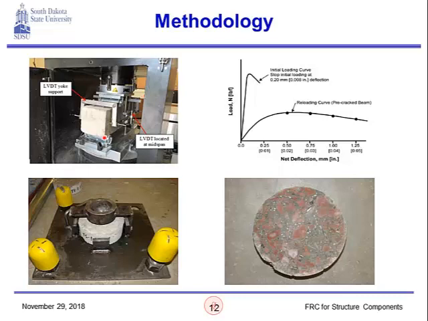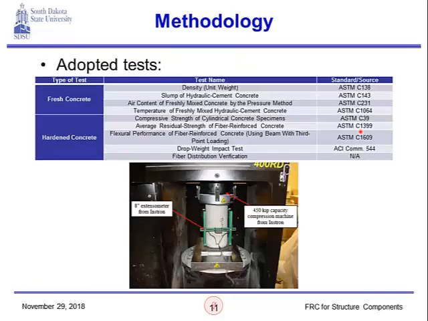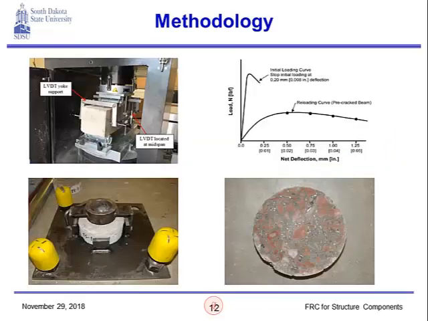This picture shows the flexural test, ASTM C1609. We had two LVDTs at midspan on both sides, one on this side and one on the other side of the beam, and this support is used to hold these LVDTs, which measure the deflection of the concrete.